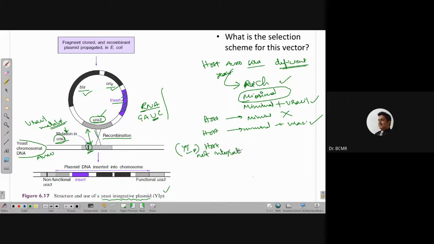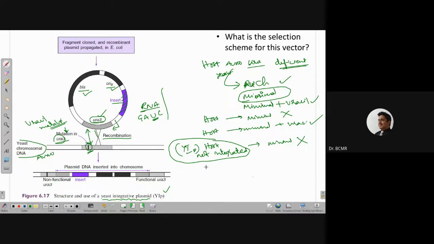Will it grow or not on minimal media? It will not grow, mostly because although the cell has the YIP, it did not get integrated, and there is no promoter for it. We will not have efficient expression of it.